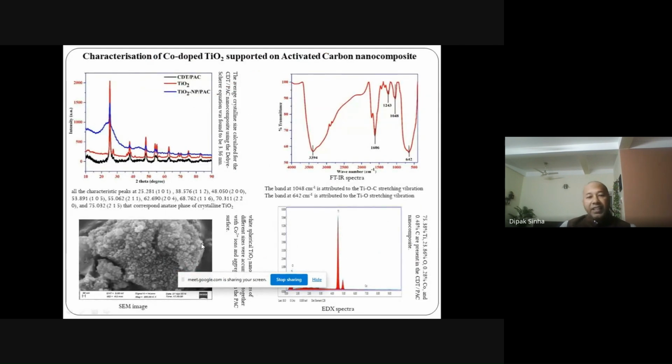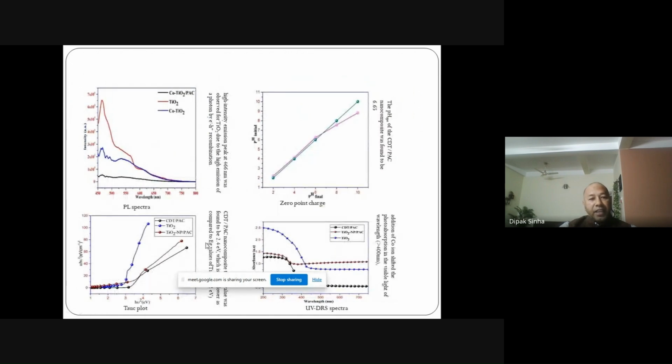I need not discuss them in detail because there are only 10 or 12 minutes. Different techniques are normally used for characterization of nanocomposites, for example XRD, IR, SEM, EDX, and all these have been used. Here I'd like to share one particular plot. Our whole target was shifting the photocatalysis from the UV to the visible region, and that was possible.